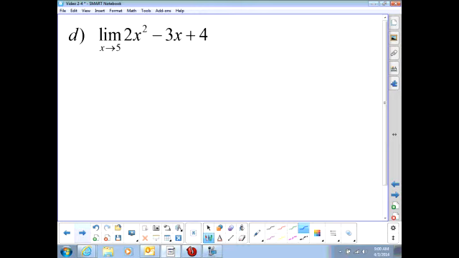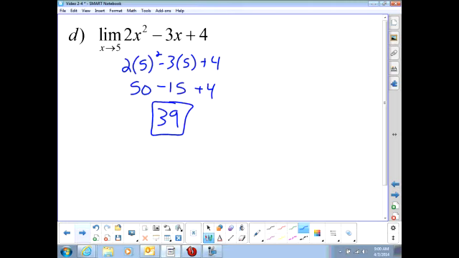Parabolas have domains of all real numbers. Therefore, they're defined everywhere. So to evaluate the limit we can just plug in. So we'll do 2 times 5 squared minus 3 times 5 plus 4. 5 squared is 25, times 2 is 50. We'll have minus 15 plus 4. So in the end, we will find that our limit is just 39.